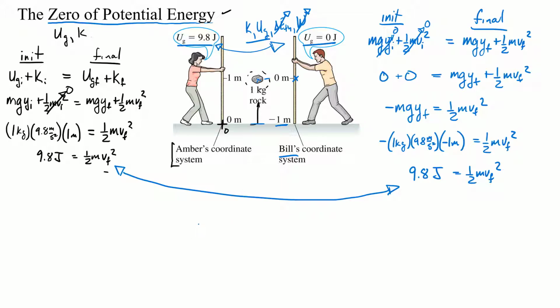If you remember back a few slides ago, we didn't define U as equal to mg y. That was at the end where we finally said, okay, let's simplify things. What we actually defined was the change in potential energy as negative the work done by whatever interaction we're looking at. So the change in potential energy is what's important here, not the individual values at any given point, right?